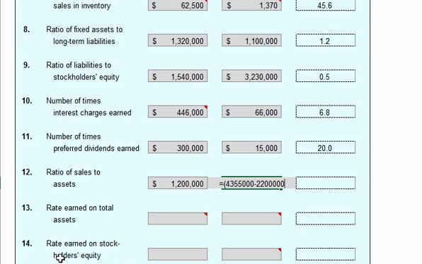Then we'll add total assets at the end of 2016, $4,770,000, except we have to subtract out long-term investments at the end of 2016 for $2,350,000.